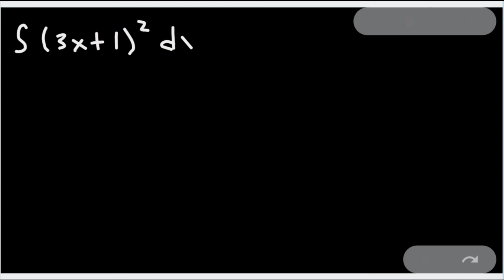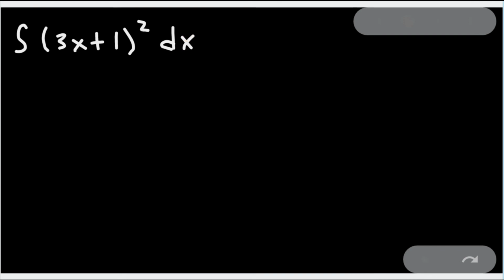Now let's try another rule of integral wherein it involves the product of a binomial. So let's say we have this example. We have the integral of (3x plus 1) squared dx.